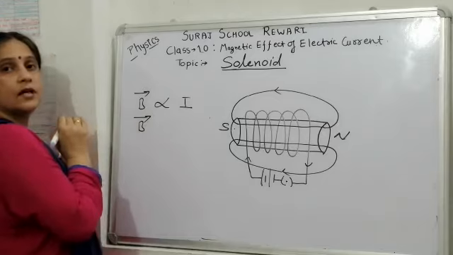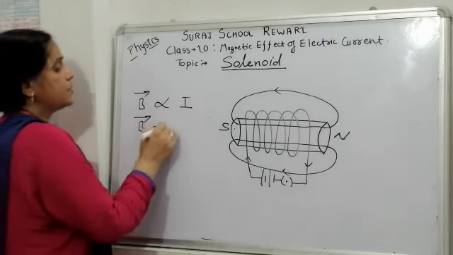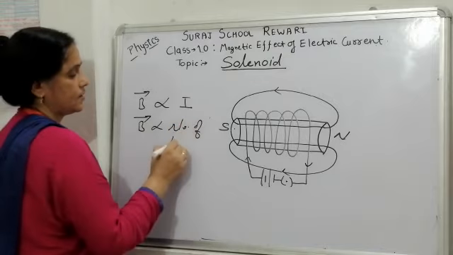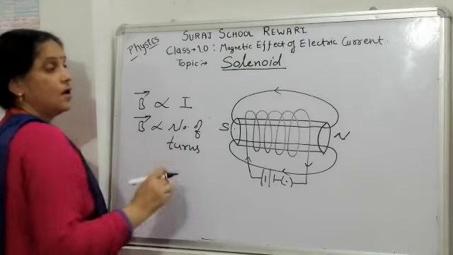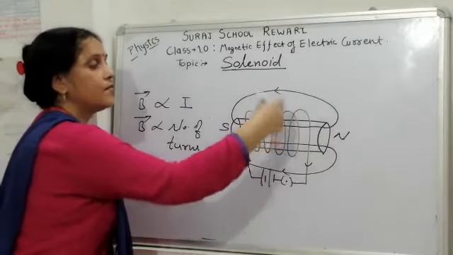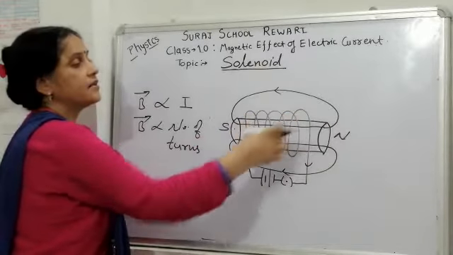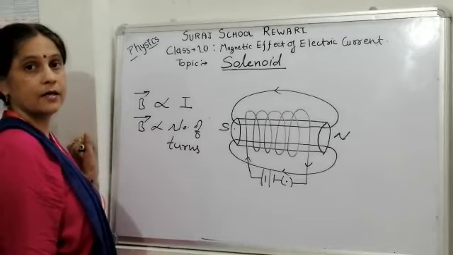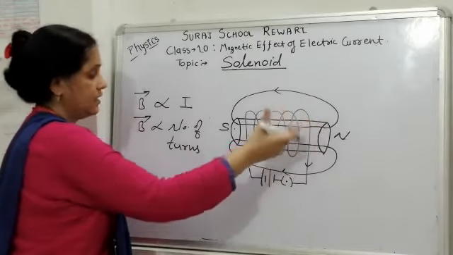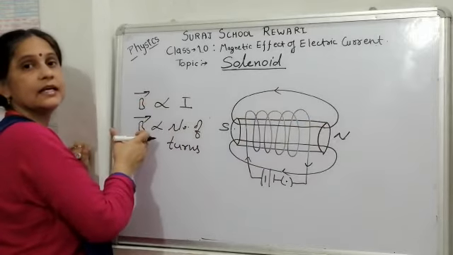The magnetic field of the solenoid is directly proportional to the number of turns. When we insulate the copper wire around the cylindrical device, the number of turns affects the magnetic field around the solenoid. The more turns we take, the more the magnetic field increases.